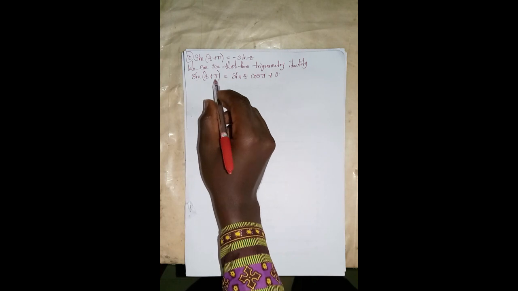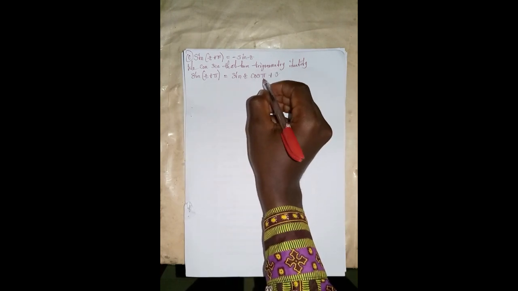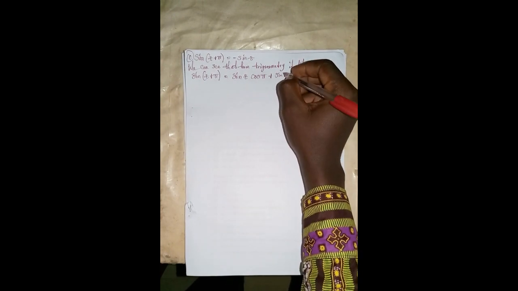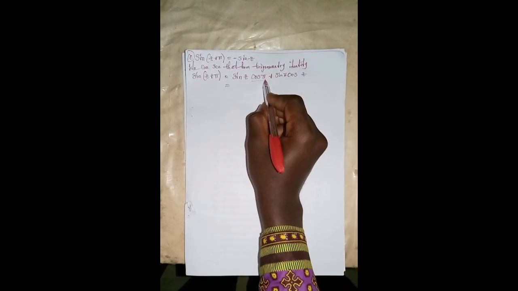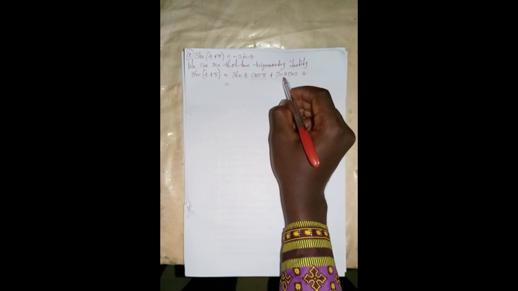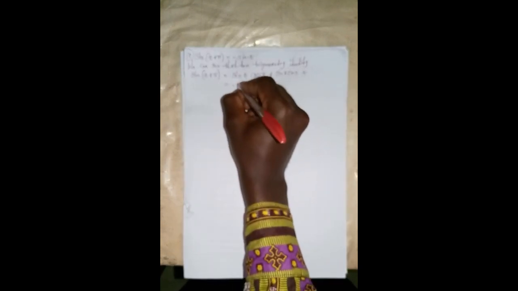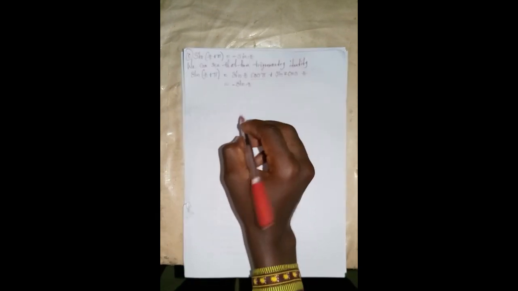So it is very obvious that if we make use of the trig identity, sine of z plus pi is equal to sine z cos pi plus sine pi cos z. Now we know what cos pi is and sine pi. Then if we put all this together, we'll have negative sine z.